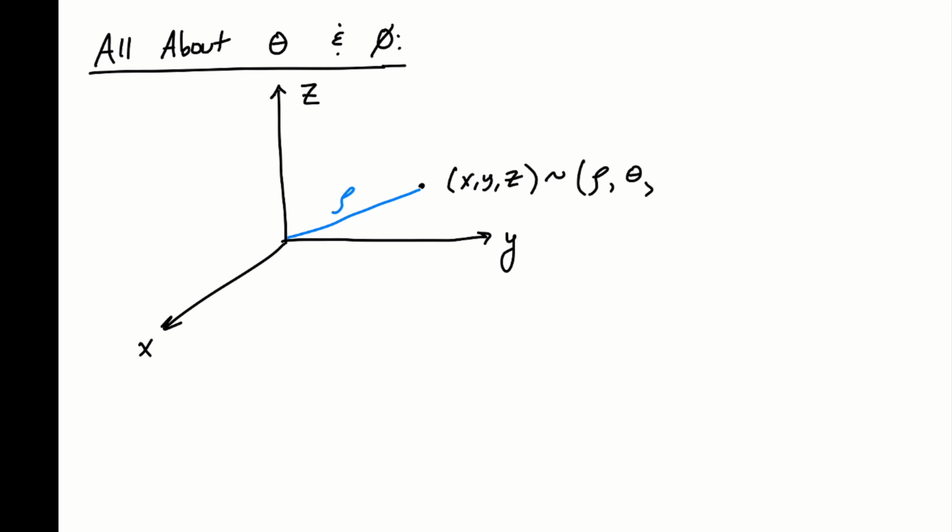Theta, which is, if you imagine dropping this point down into the xy plane, wherever its shadow is, then drawing a straight line from the origin to there in the xy plane, that line has a length of r, and the angle it forms is theta. And lastly, you have phi, where phi is the angle measured from the positive z-axis.